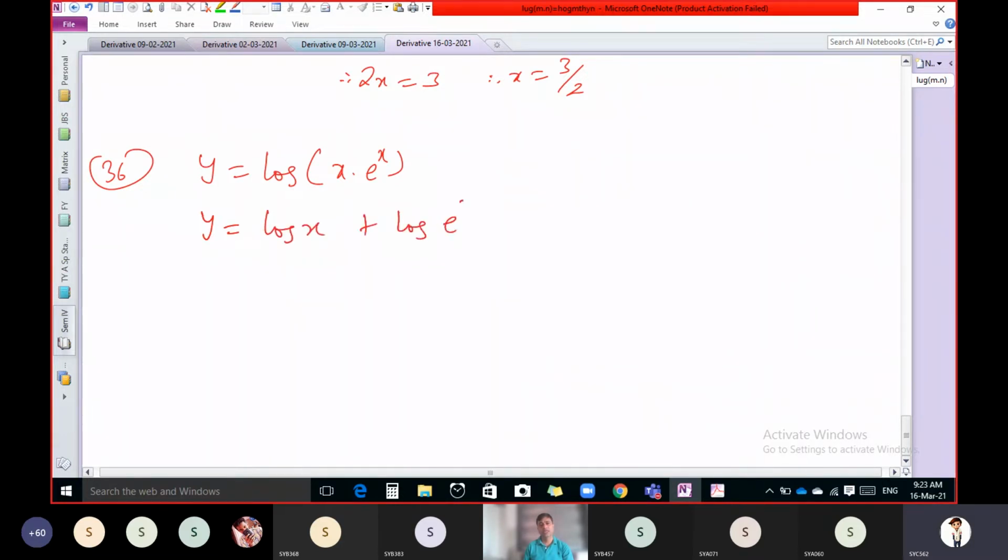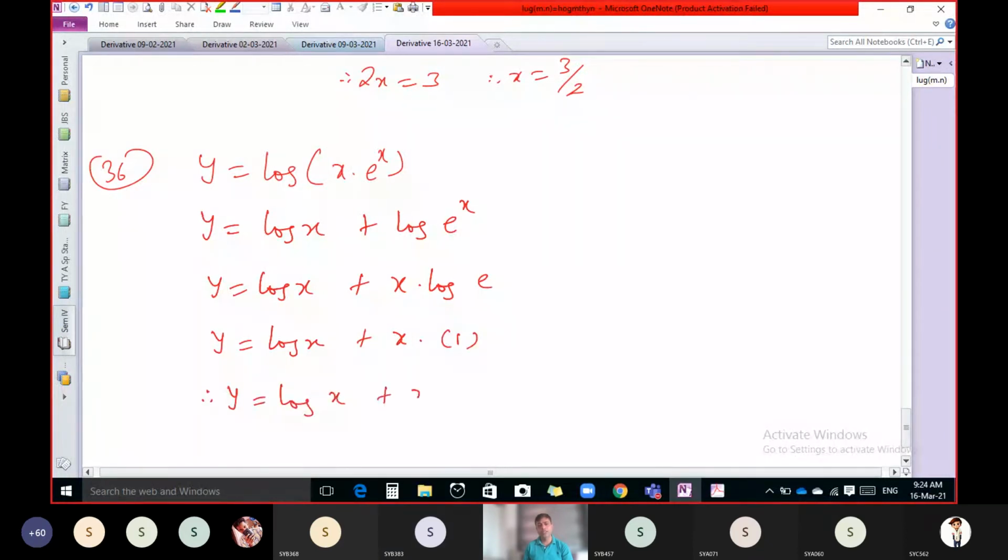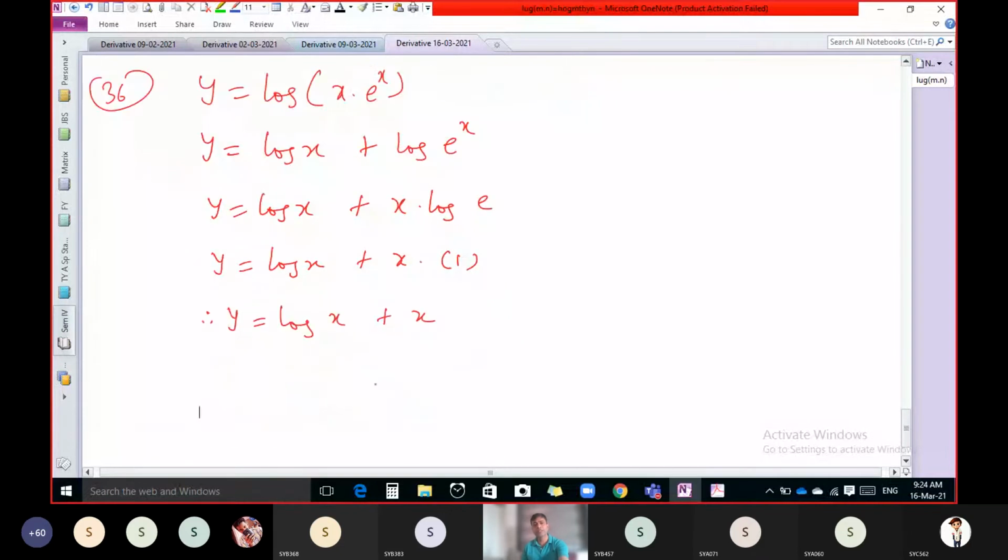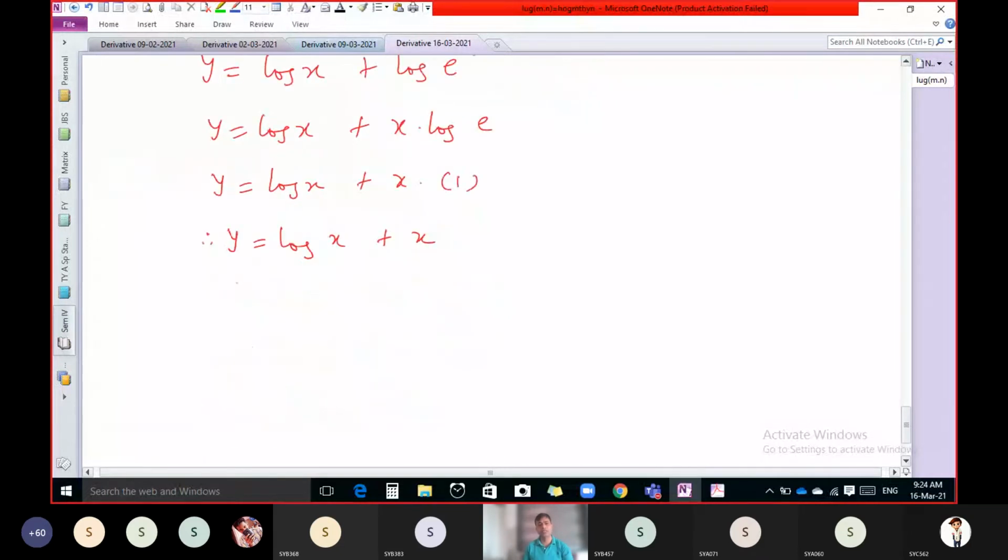Keep log x as it is, but write this as x into log e. The value of log e is 1. So my simplified form is log x plus x. Now differentiate.